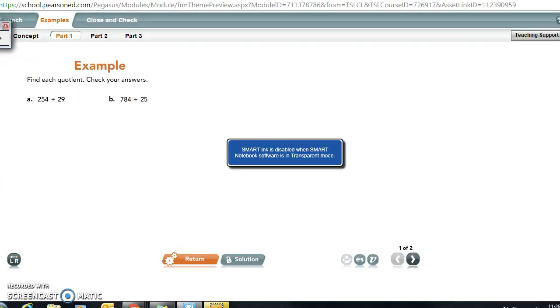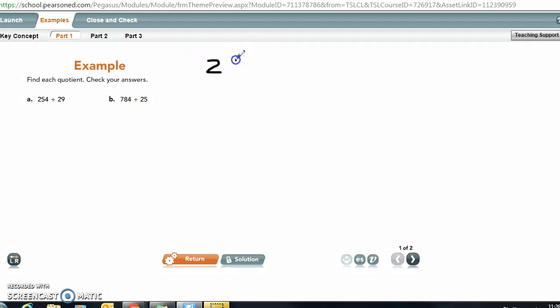It says 254 divided by 29. So I know that 29 will not go into 25, but 29 will go into 254. So one really great thing you can do is ask yourself, okay, 29 is about what number?